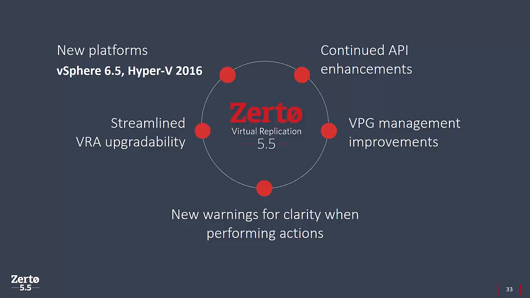We've also continued our API enhancements. And by API enhancements, I'm not talking about just what we've done with Azure and what we've done with AWS, but our REST APIs. And why is this important? It allows our customers to tie back operational efficiencies, to make things more repeatable and not as manual. We have a number of customers that are heavily leveraging our APIs to provide them either information or to tie into service catalogs.